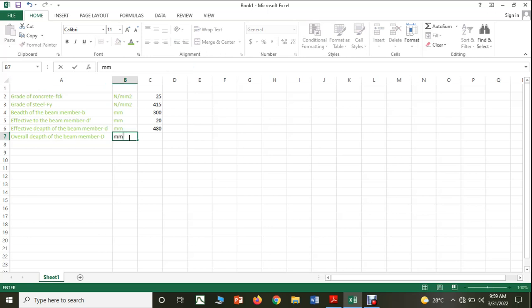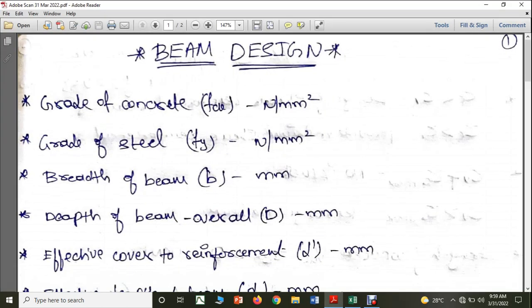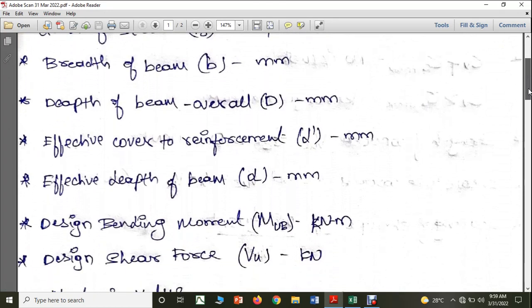Therefore I can give it as the effective depth plus the effective cover to the beam member. So these are the effective depth, effective cover, and overall depth.